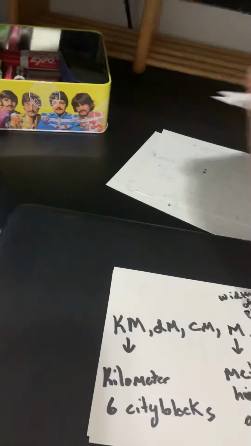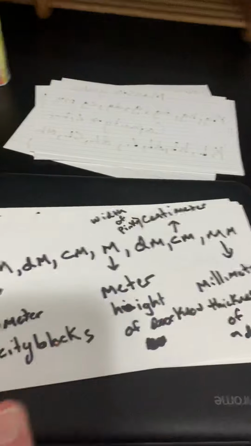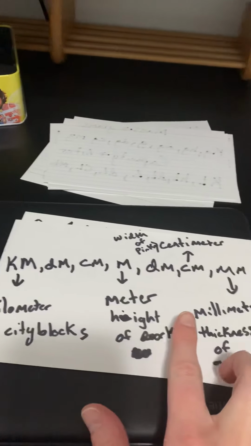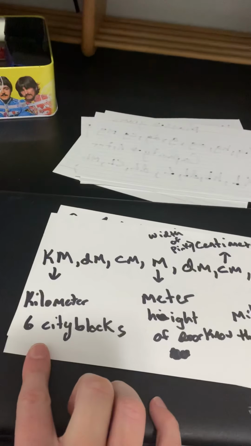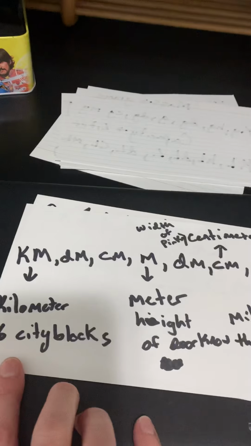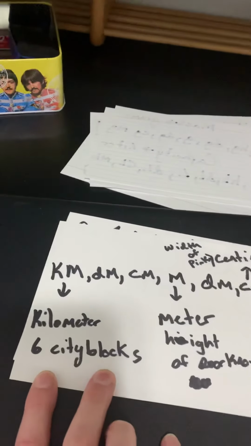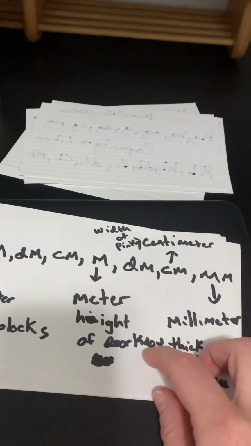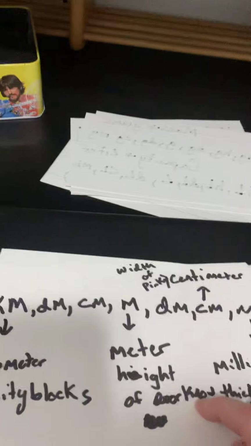Okay, so we're going to do meters now. The ones you need to know are first a kilometer. A kilometer is how you usually measure large distances, like 6 city blocks. A meter is about the height of a doorknob, kind of like a yardstick.